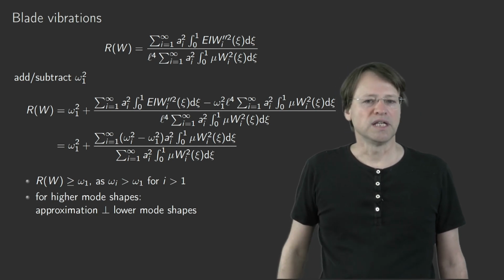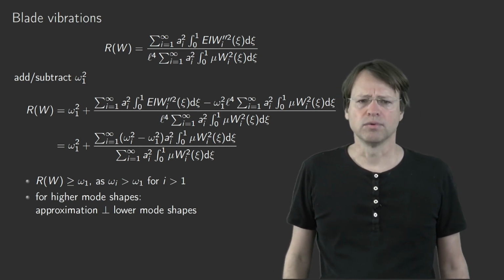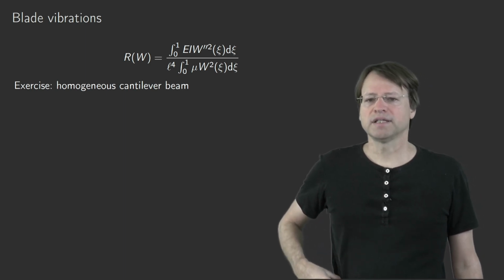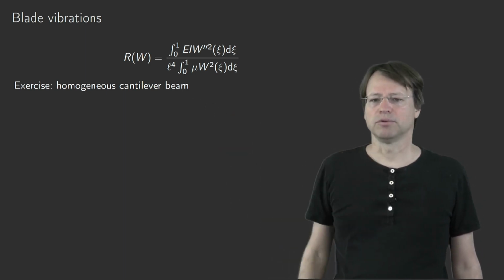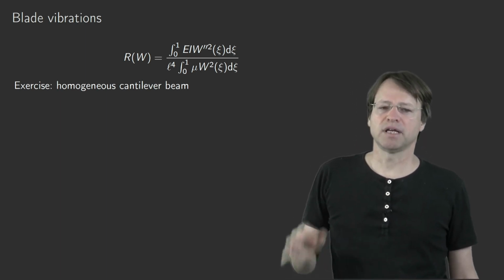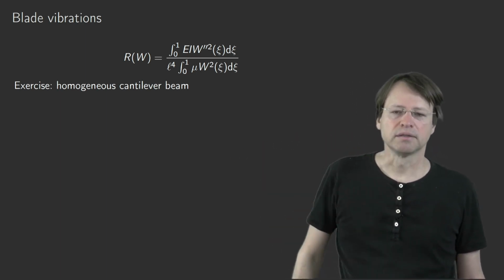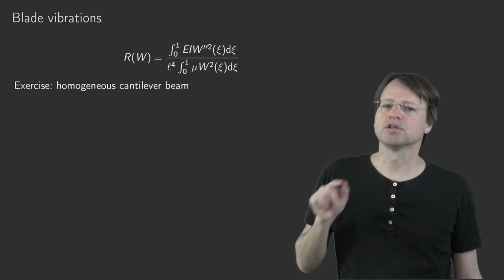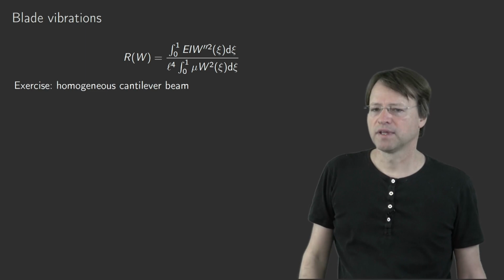So now let's see how this works. Let's take a homogeneous cantilever beam, a cantilever beam as for our stator blade, and homogeneous so that we can compare the approximate solution with the exact solution.